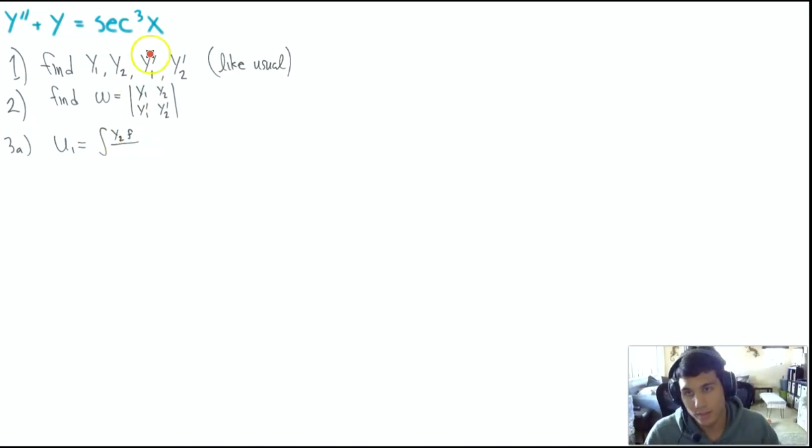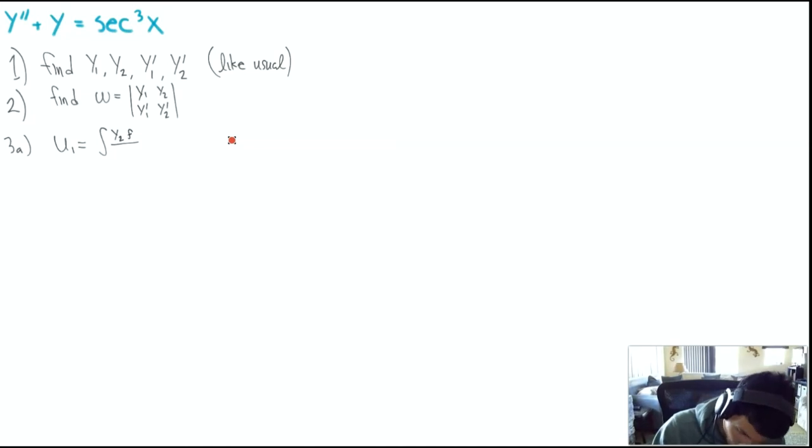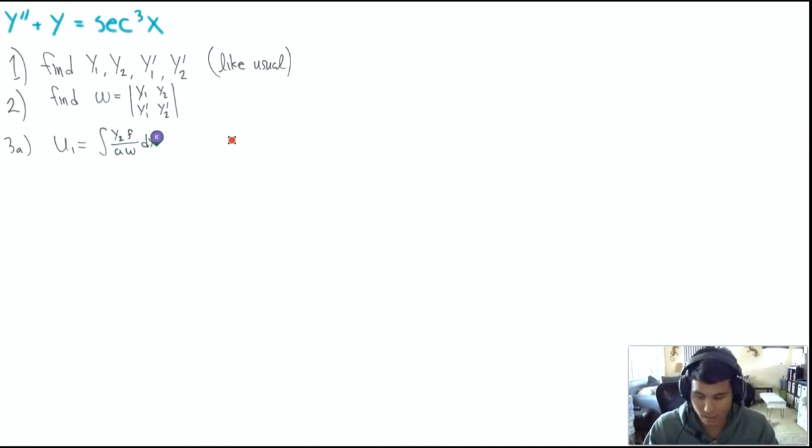Okay, now f stands for f of x. Let's just say it was secant cubed divided by 3. It would be f divided by 3. Okay. So usually a is just 1, so you don't need to worry about it. But we may run into cases where it's not.